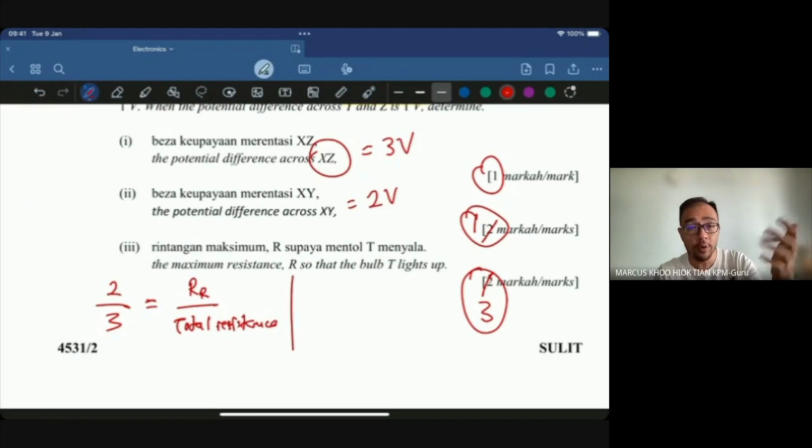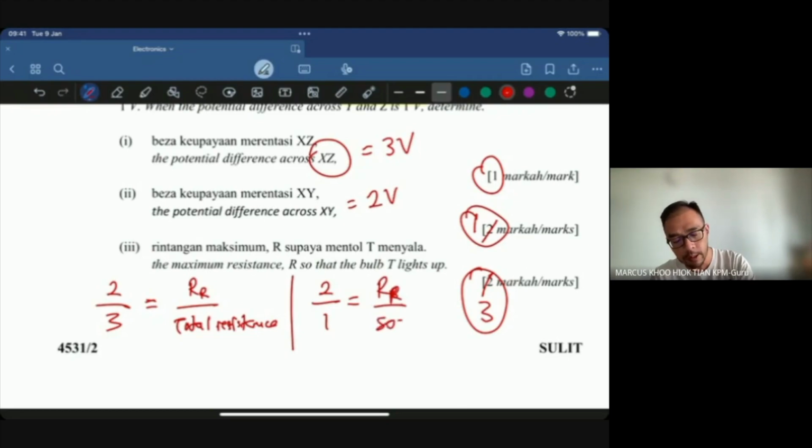Or if you want to use the logic from just now, 2/1 equals RR over 1 over 500. Also can, the one we used earlier. If 1 is 500, 2 is how much? So RR equals 1000 ohms.